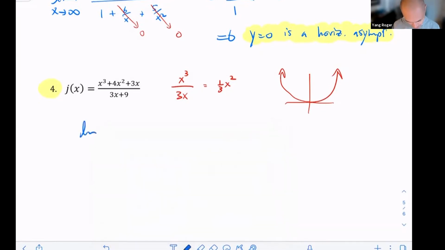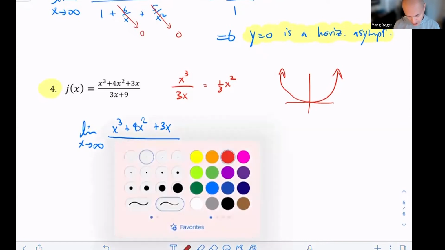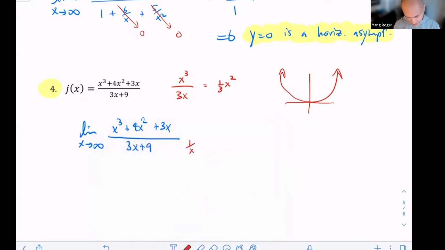So I take the limit as x goes to infinity of x cubed plus 4x squared plus 3, over 3x divided by 3x plus 9. And I'm going to multiply by 1 over the highest power in the denominator. That's going to be a power of x.